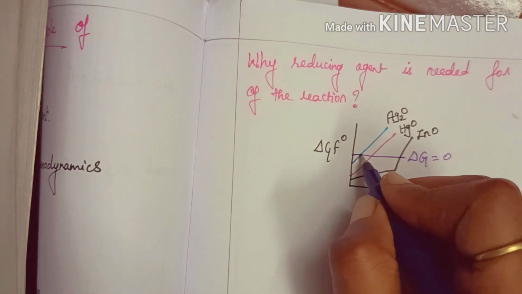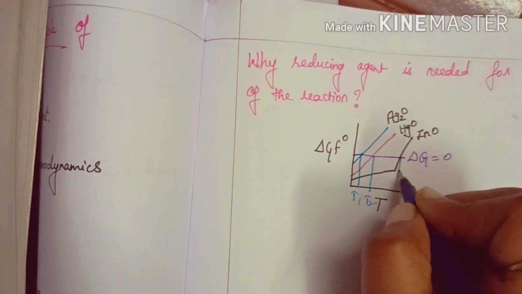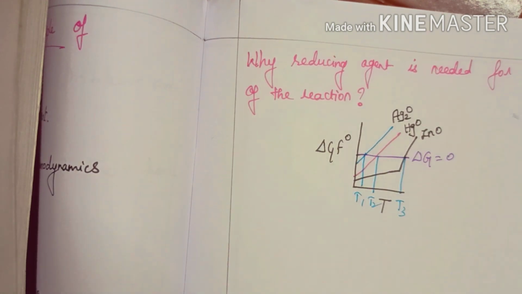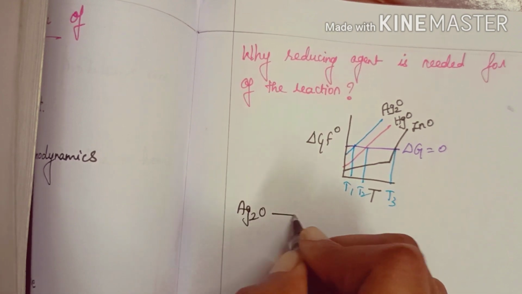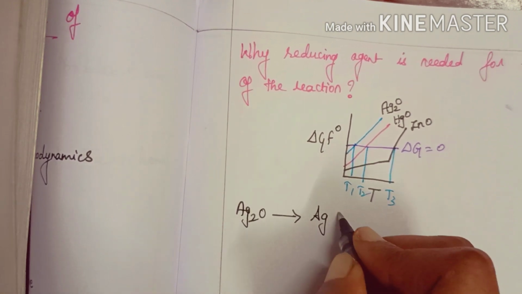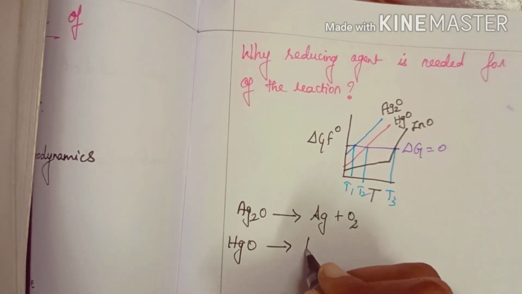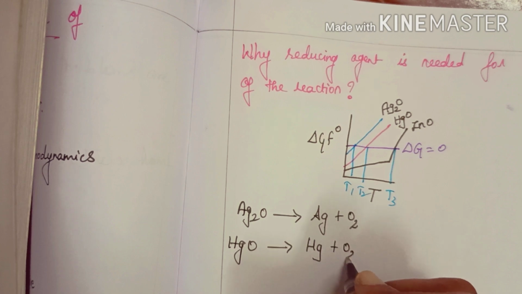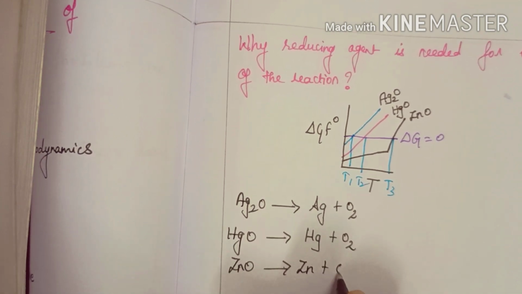Now the temperature for the first one is T1, for the second one is T2 and the third one is T3. Now Ag2O gets decomposed into Ag and O2. Same way HgO gets decomposed into Hg and O2, and ZnO gets decomposed into Zn and O2.